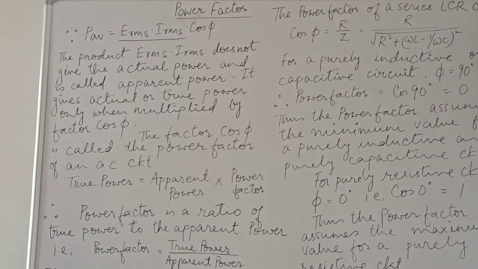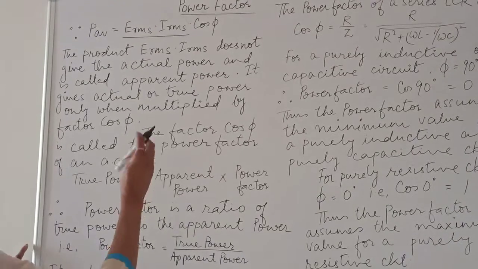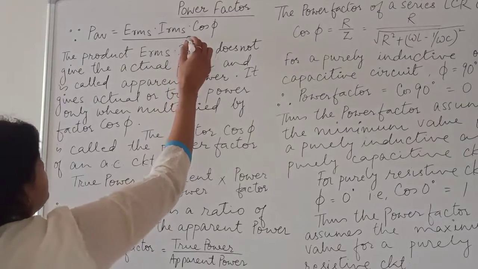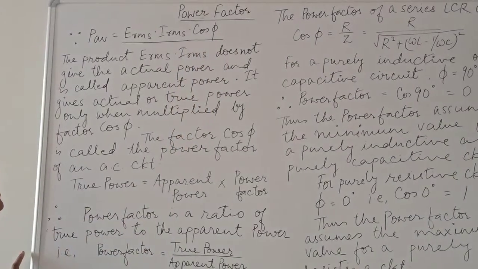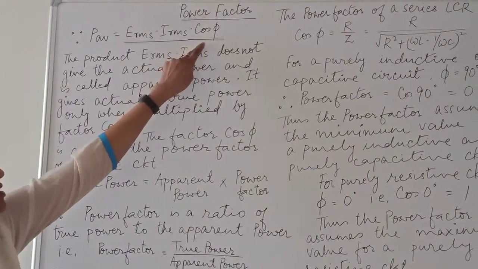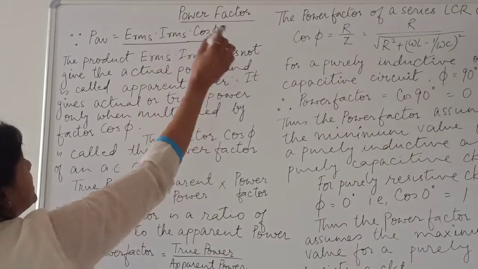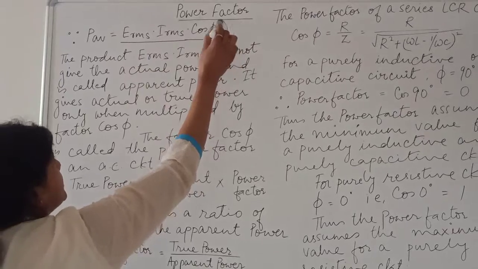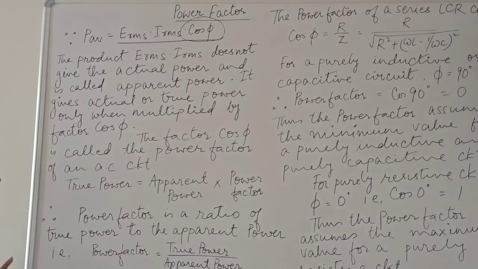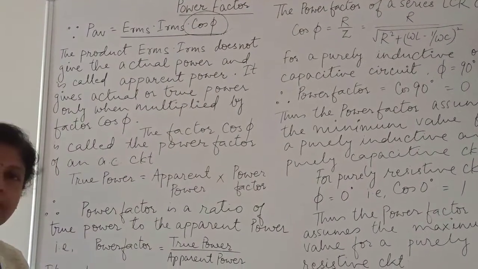It gives actual or true power only when multiplied by a factor cos φ. The factor cos φ is called the power factor.